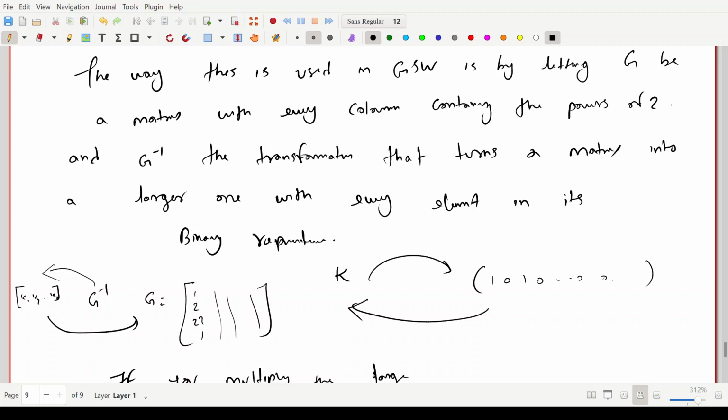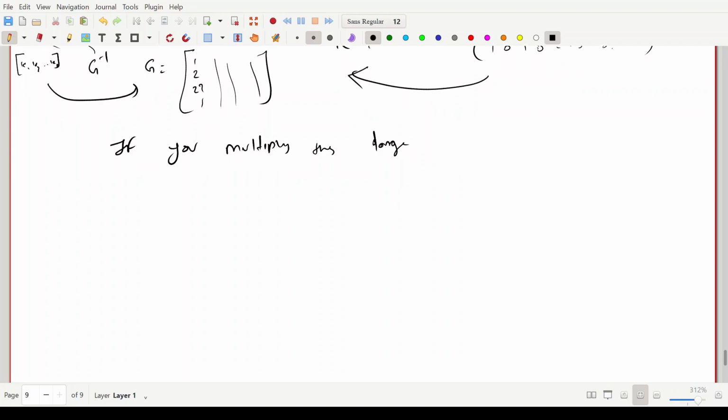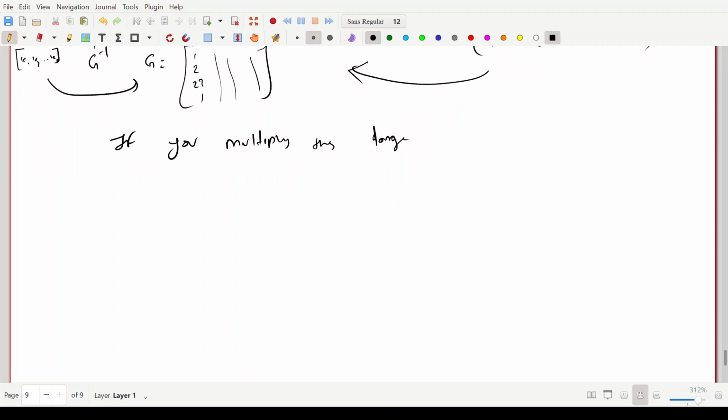What G inverse does is make the binary representation. So if you multiply this larger matrix with G, the original matrix is obtained.